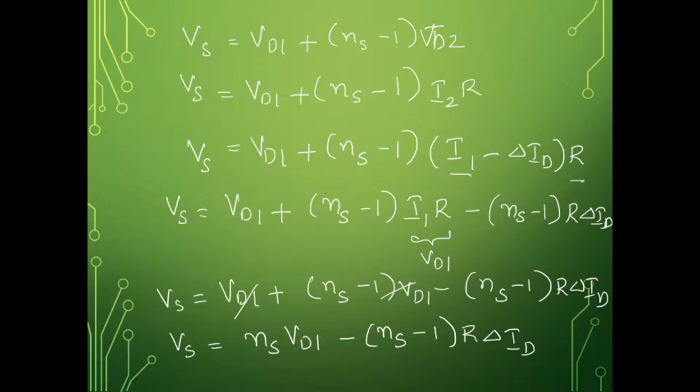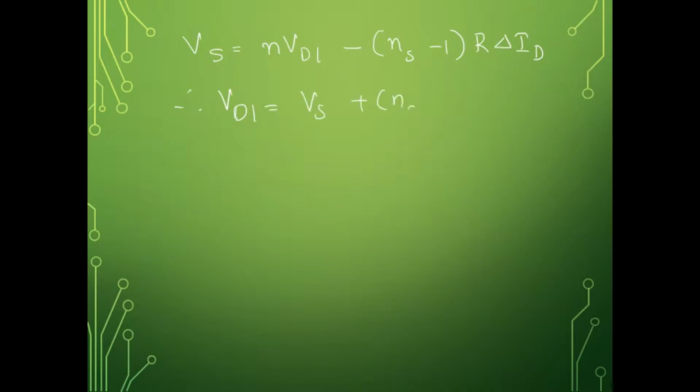Now I'll write what is Vd1. Vs is equal to Ns into Vd1 minus Ns minus 1 into R into delta ID. So Vd1 is equal to Vs plus Ns minus 1 into R into change of the thyristor current, divided by Ns.